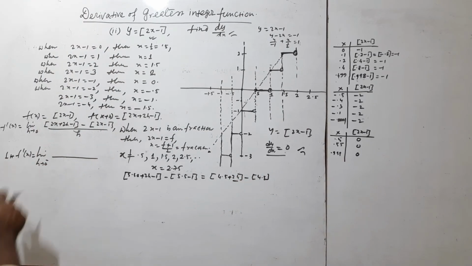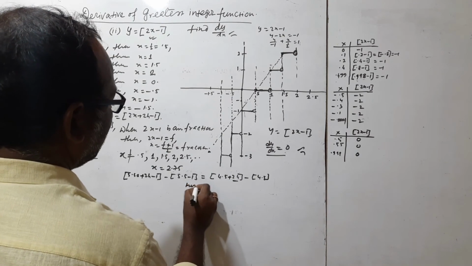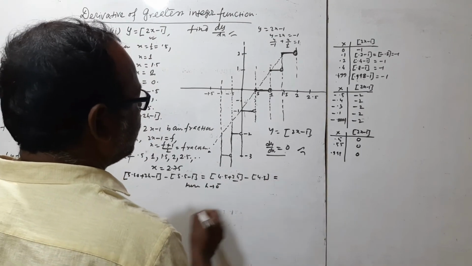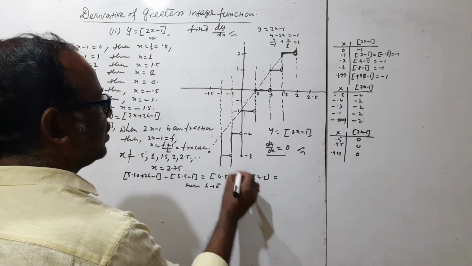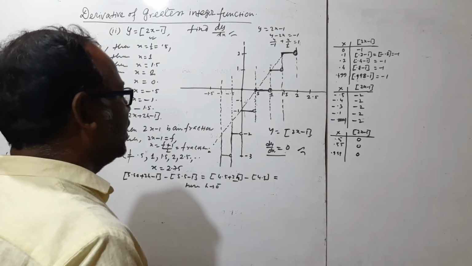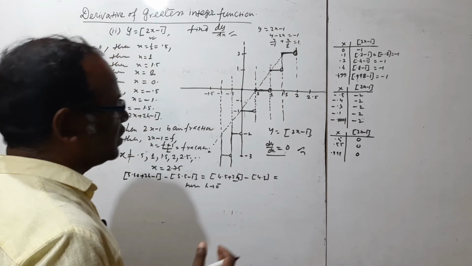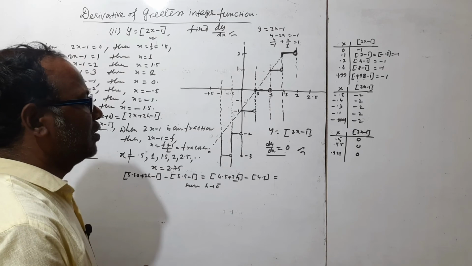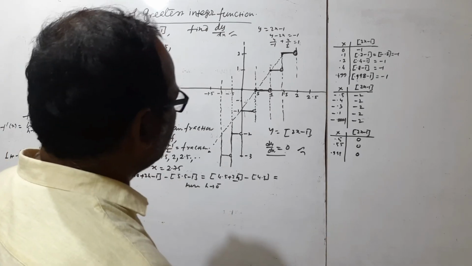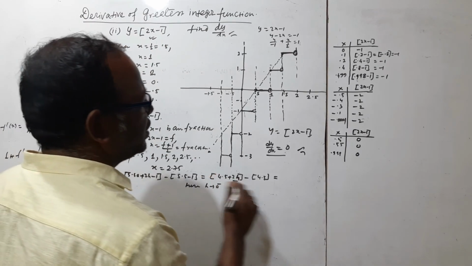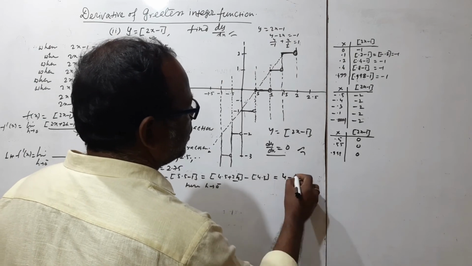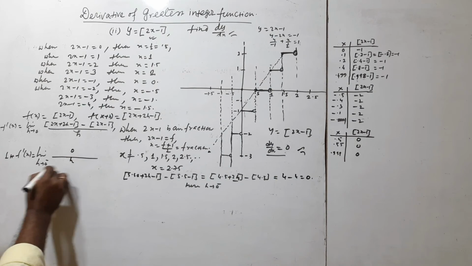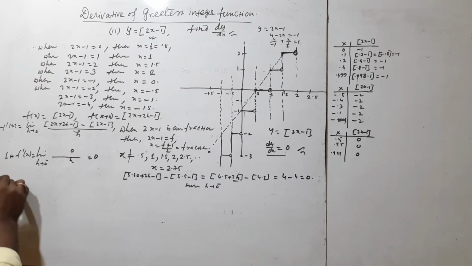See, here h tends to 0 from the minus side, so twice h is a negative value, and this value is subtracted from 4.5, not less than 4, so it would be 4. The integer part is 4, and again this is 4, so this is actually 0, therefore 0 over h is equal to 0.